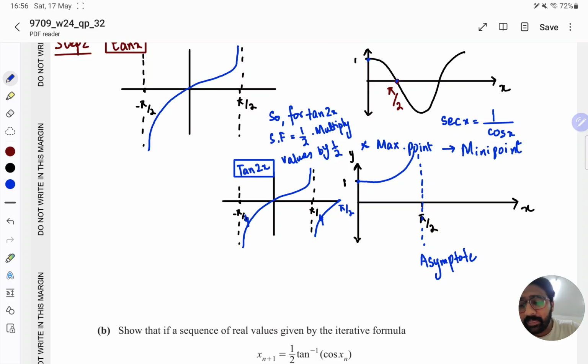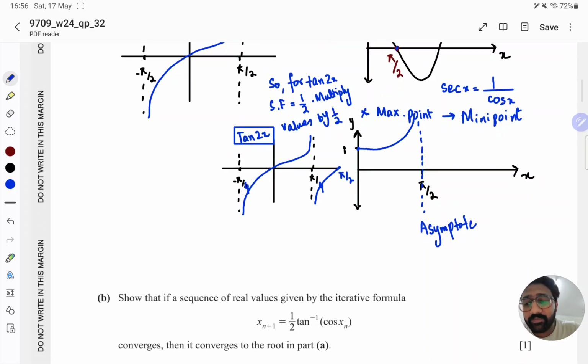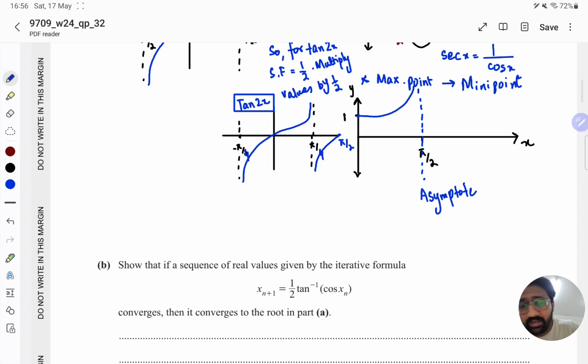Now after that, we need to make the graph of cot 2x. So for cot 2x, let me make the x-axis and y-axis. For example, this is pi by 4, and this is pi by 2.